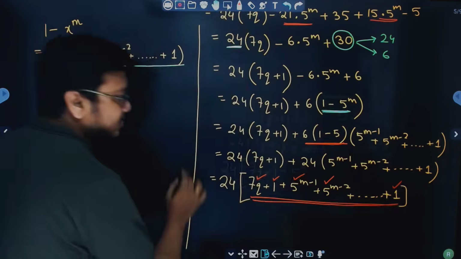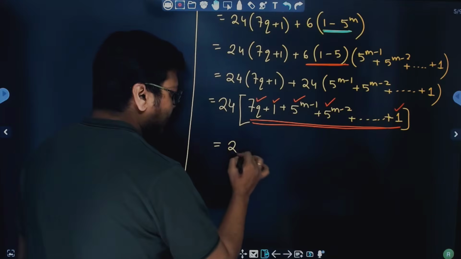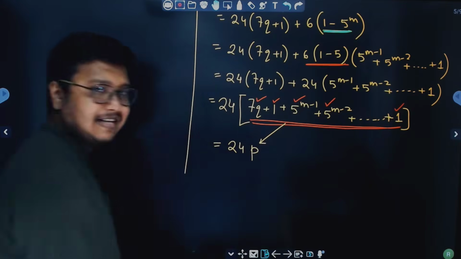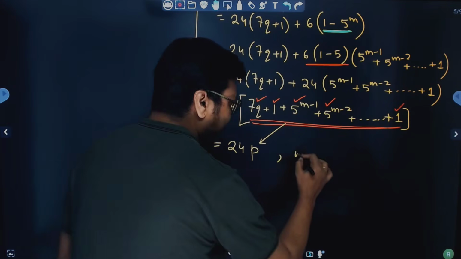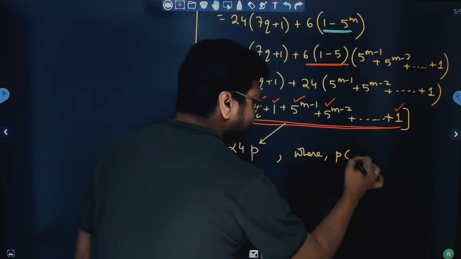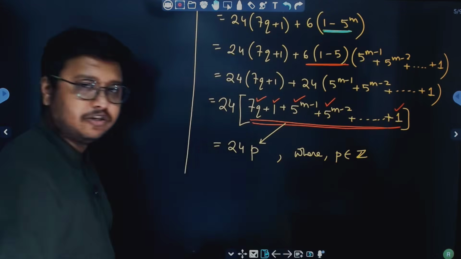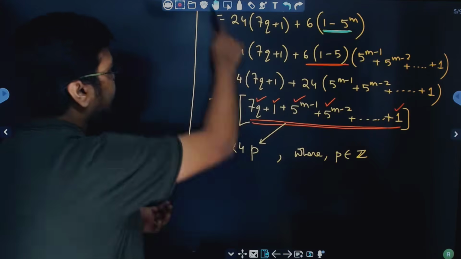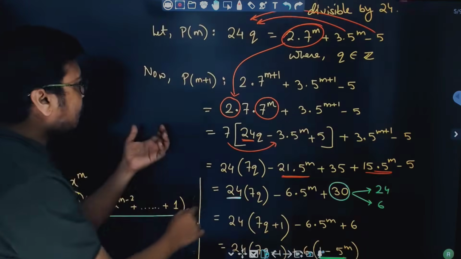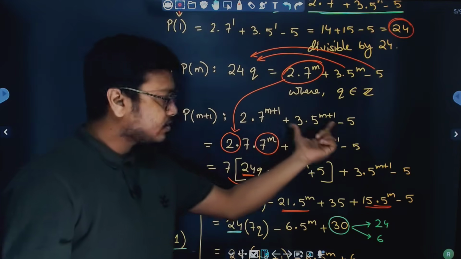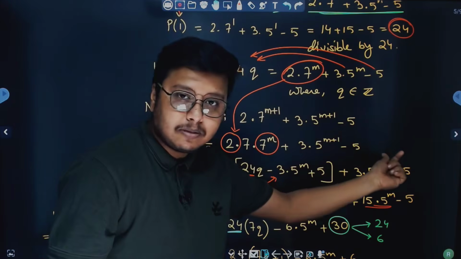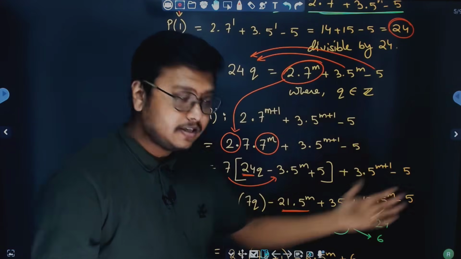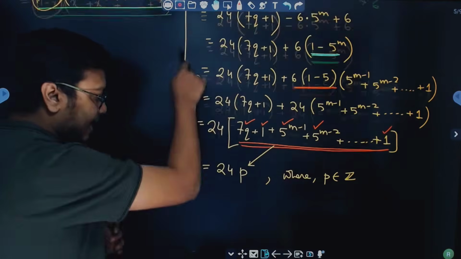So I can use that concept and I can say that 24 times, let's call this entire thing as p, where I can say that p is definitely an integer. Now remember, this is what we were trying to show. We were trying to show that our P(m+1), whatever was the statement, is divisible by 24, so that means it equals 24 times some integer, and we have got exactly that.